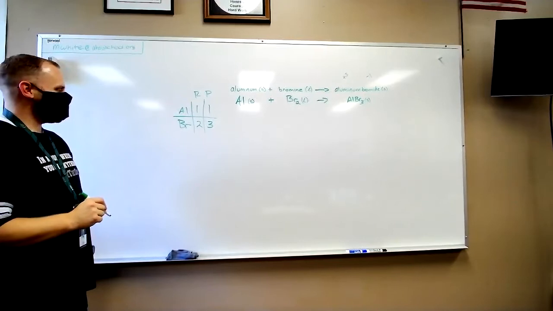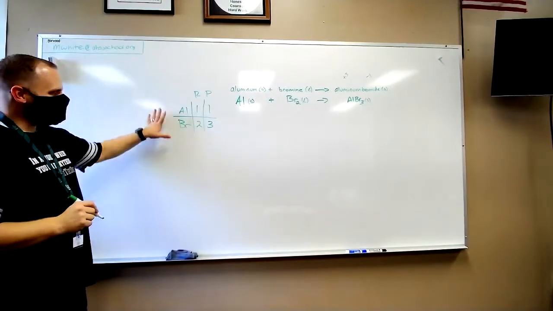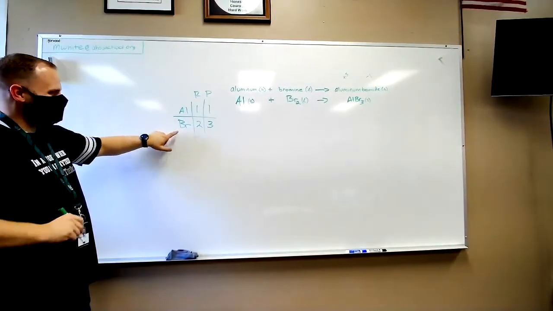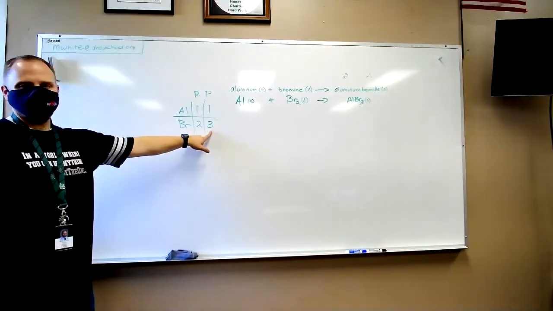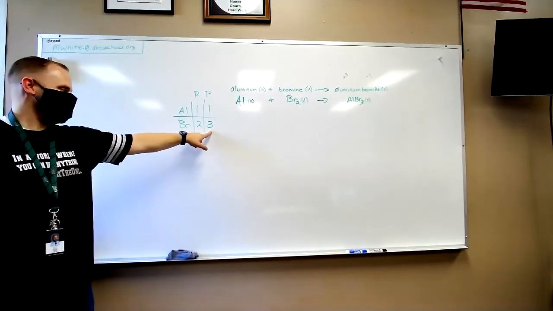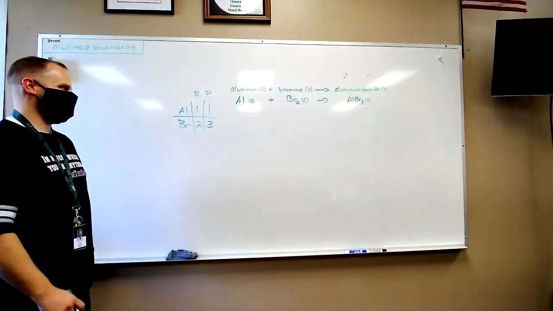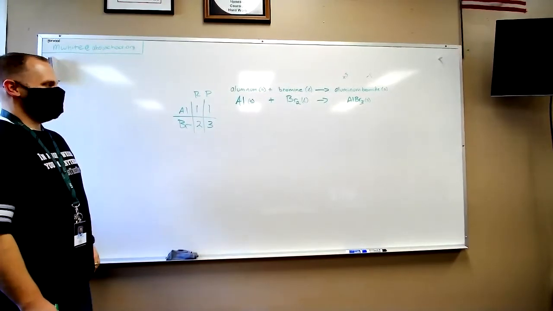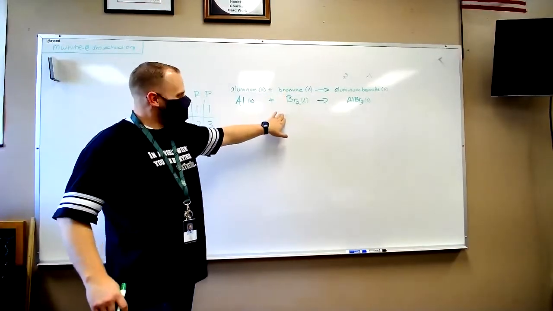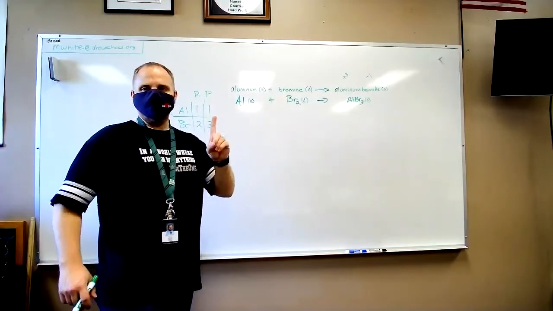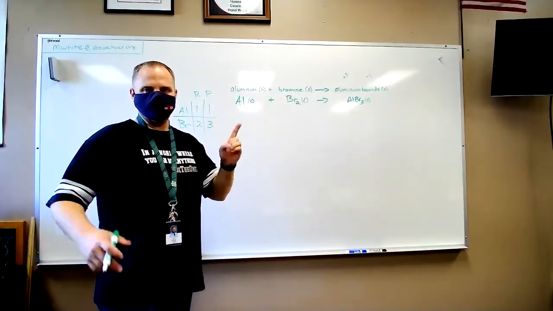Okay. So when we do this chart, we can see we have too much bromine. So we need more over here. Now, if you don't put anything there, it's implied that we have 1. We just assume that means 1.